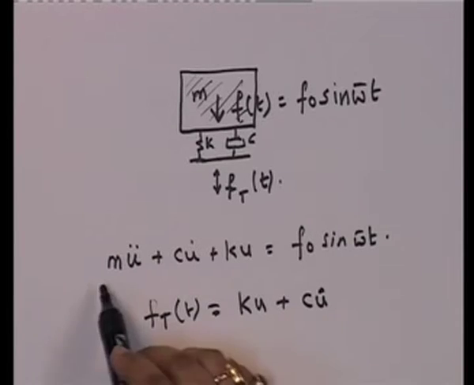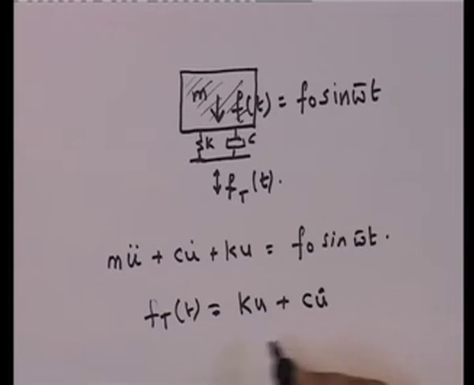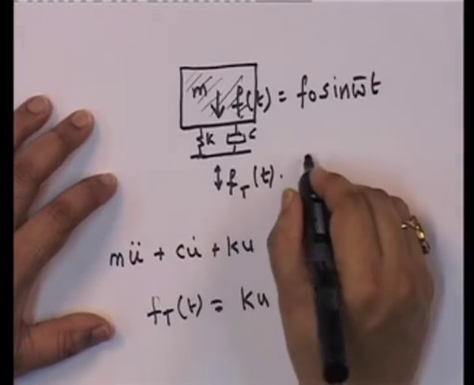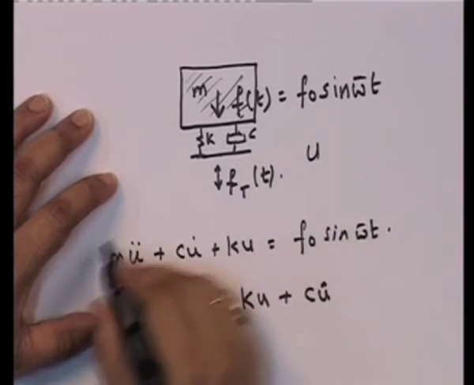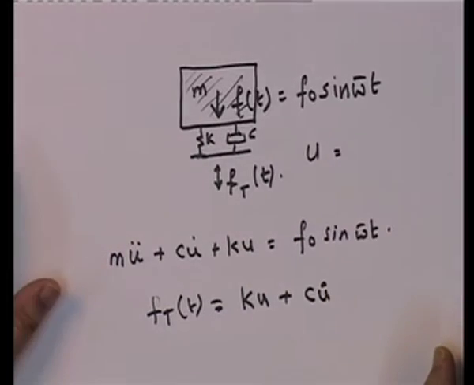Now, note that I have already solved this problem. So, I am not going to resolve it, I am just going to write down these terms. What is u of t? Note that I am always looking at steady state.